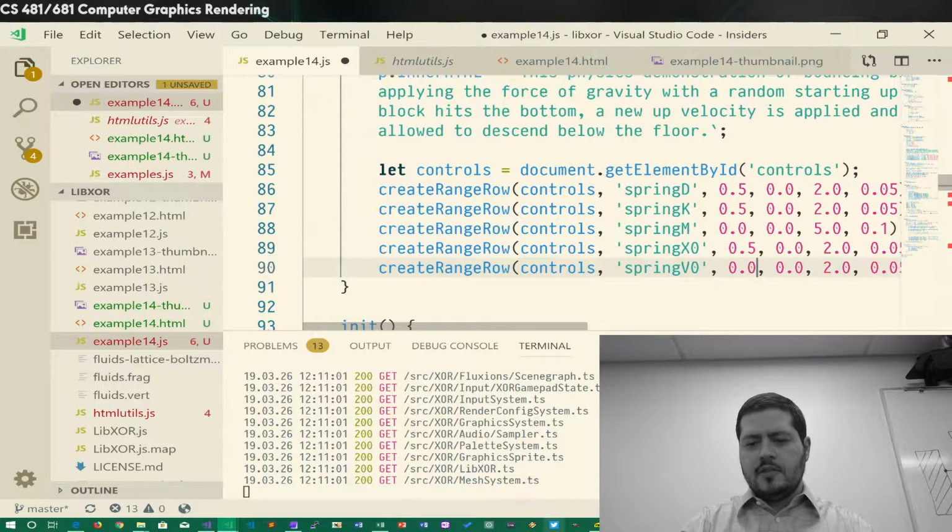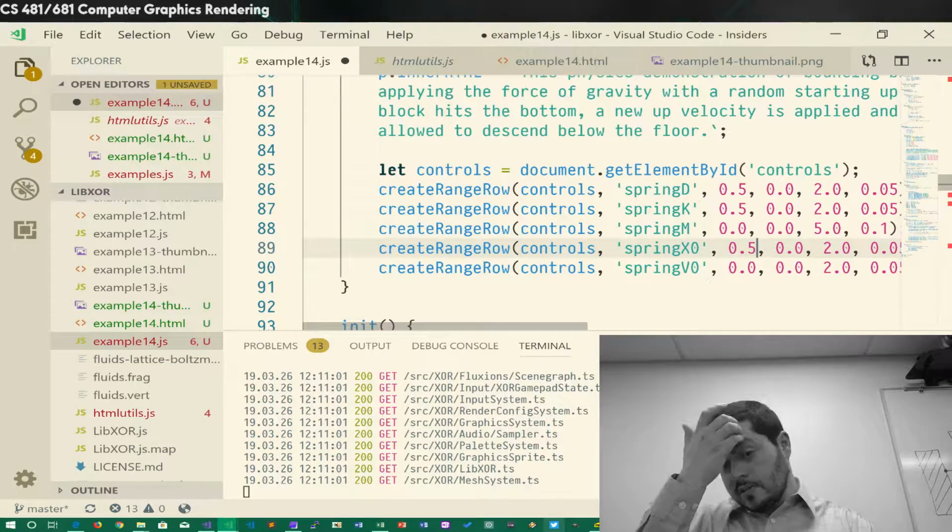So we'll say velocity. Oh, that might have something to do with it.